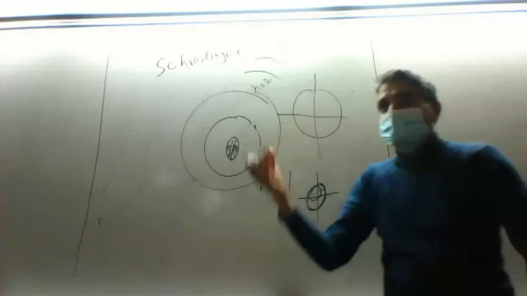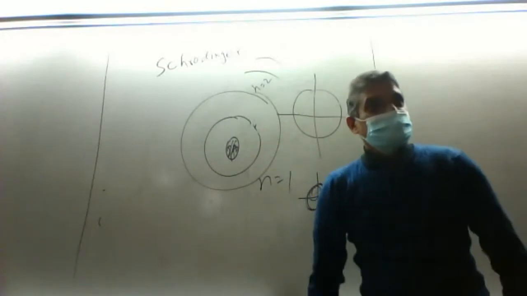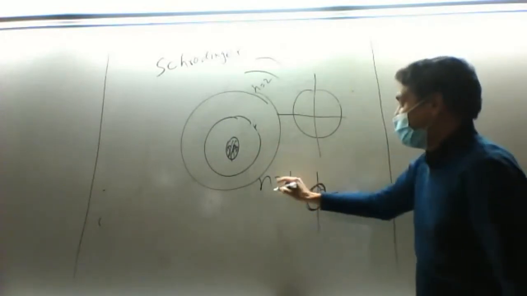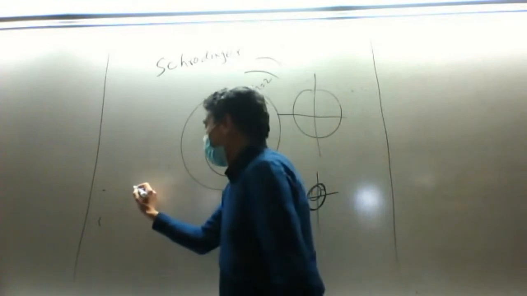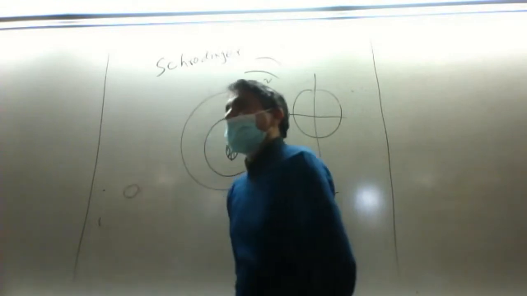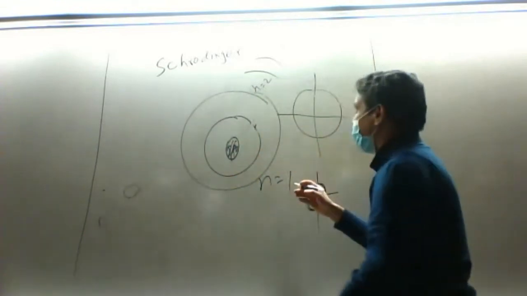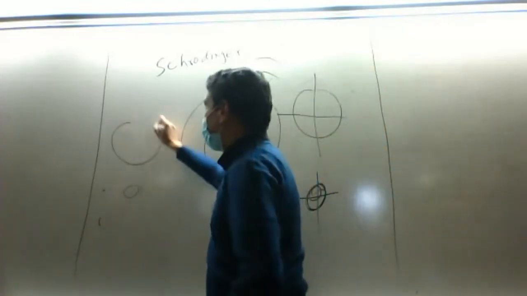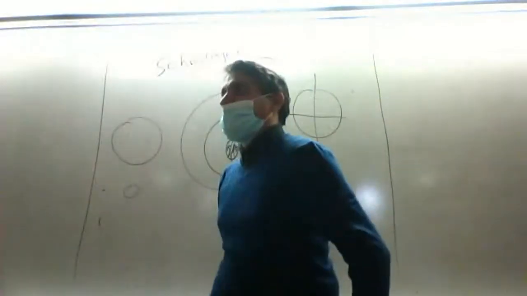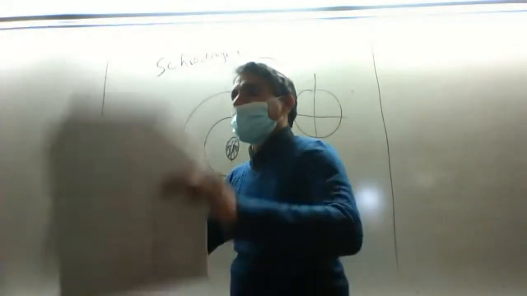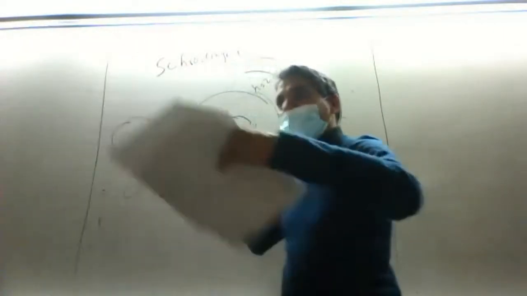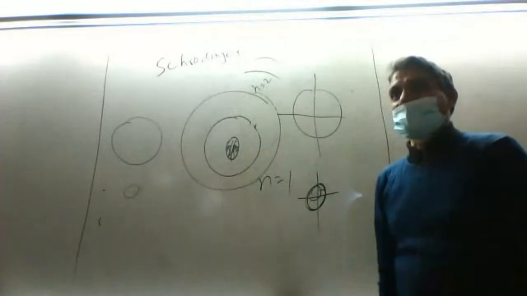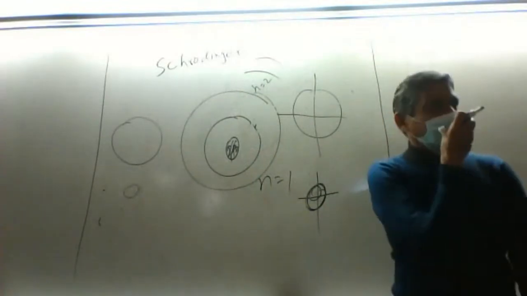So maybe you solve the Schrodinger equation for n equals 1, and your S orbital looks like a golf ball. Then you solve it for n equals 2, and maybe it becomes big like a volleyball or a football. You get those points, plot them, and see how big it looks. So that's what it is.